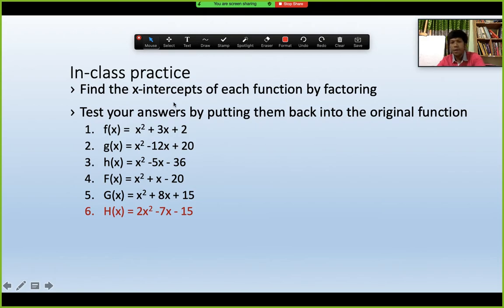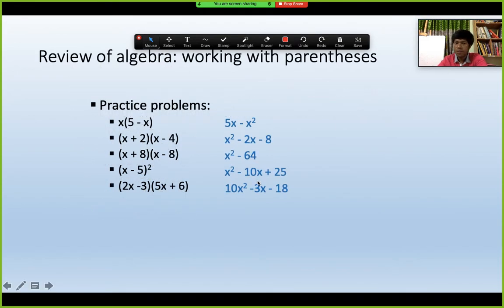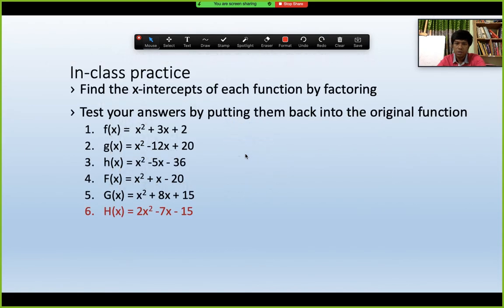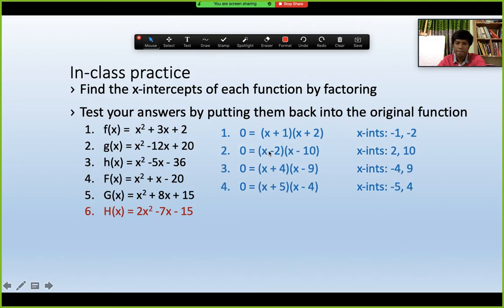Now suppose this is given, how can you go back to this kind of thing? You have to do some kind of reverse engineering. Here you have to take the common factor, here you have to do middle term factoring, like that. So give a try to get this answer. If you get it, these are the solutions.